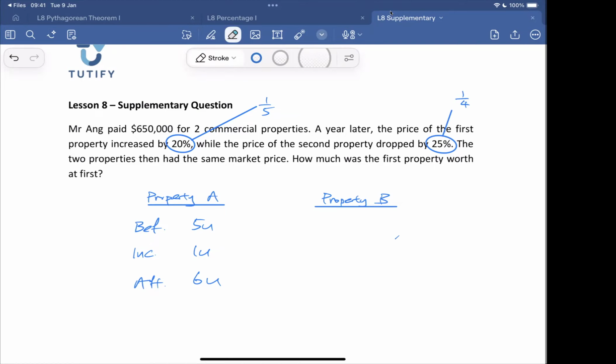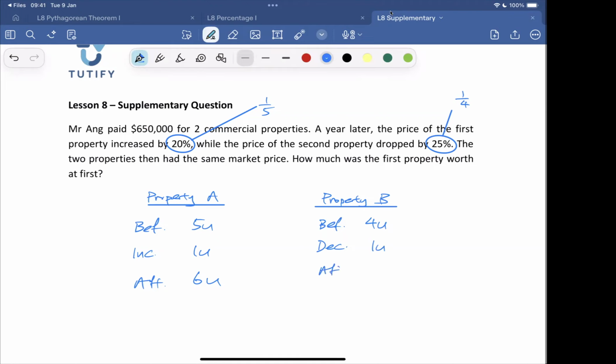3. So let's write down: before, you have 4 units. Then you drop. Let's call it a decrease. And after that, you end up with 3 units. Is this okay, Penelope? Yep. No, it is not okay. Why? Anyone tell me why it's not okay?